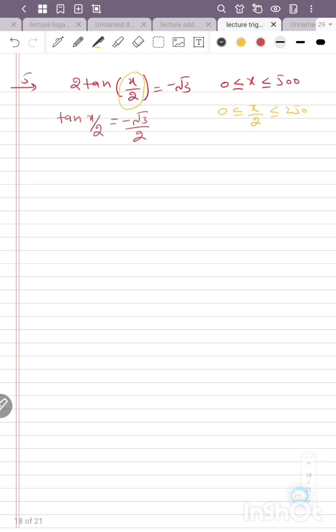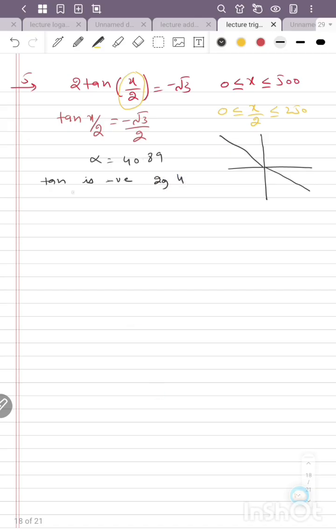Here alpha equals square root 3 by 2, we get the answer 0.89. Now we know that tan is negative in the second quadrant and fourth quadrant. I have to write that tan is negative in the second and fourth quadrant.